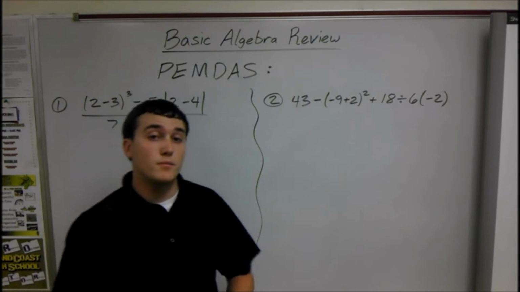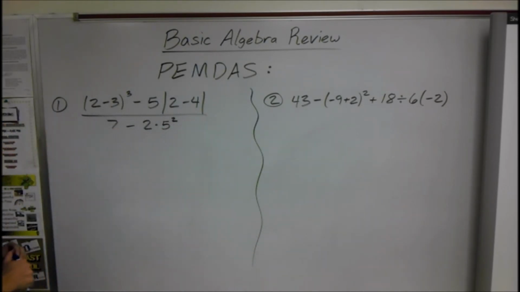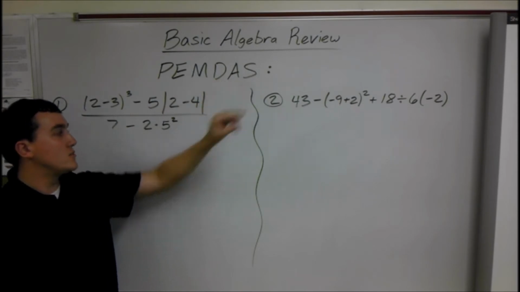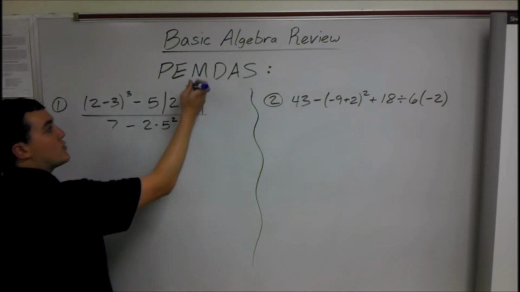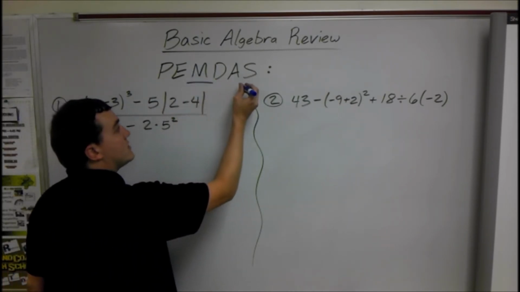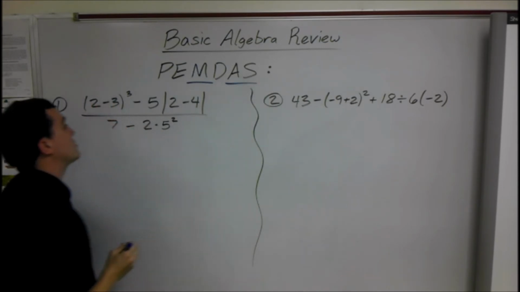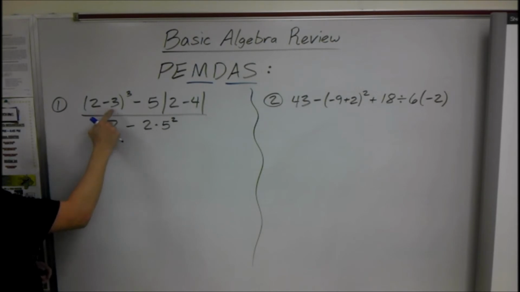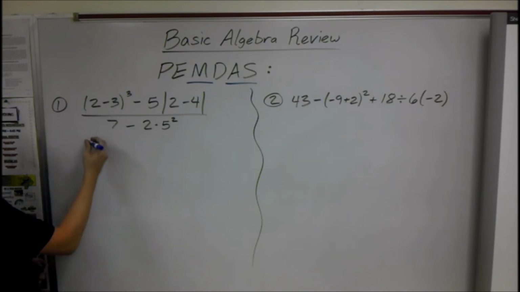Okay, next, some PEMDAS problems, or order of operations: parentheses, exponents, multiplication, division, addition, and subtraction. Remember, it doesn't matter which order you do multiplication and division, or addition and subtraction. But parentheses always first, so let's begin with that. 2 minus 3 for this first one is -1.